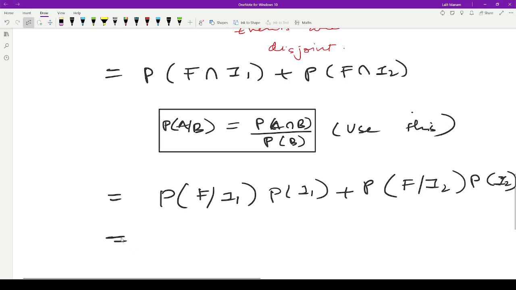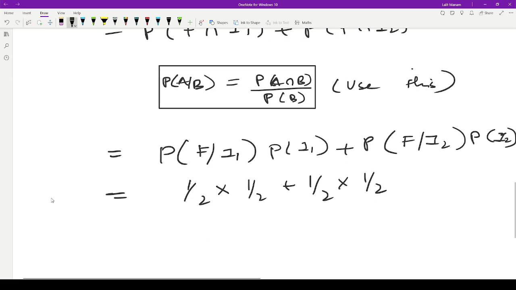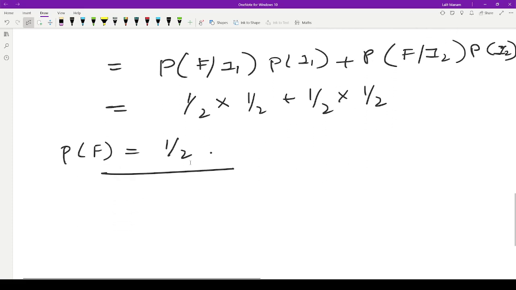Okay. So all these values that we checked earlier are equal to half, which gives us probability of foreground is half. Okay, is this question clear?